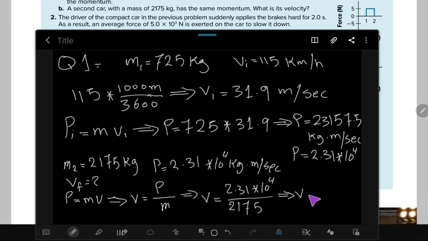By using the calculator, the velocity will equal 1.06 meter over second. And this is part B of question number 1, which is the velocity for the car.